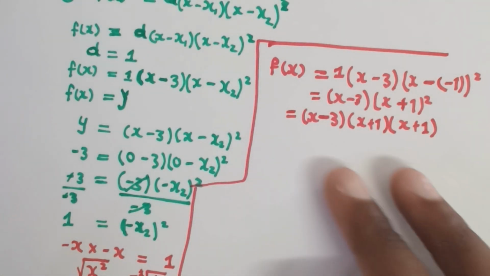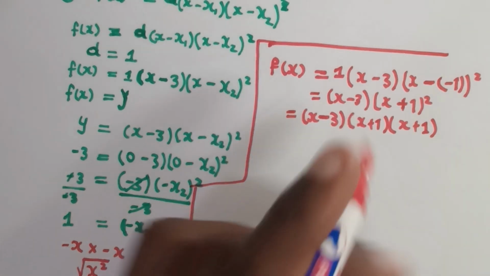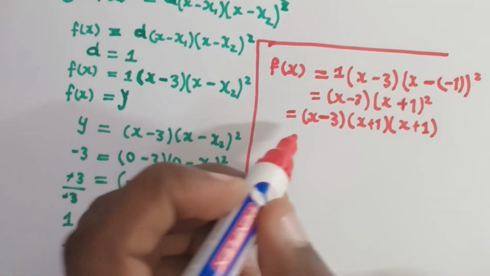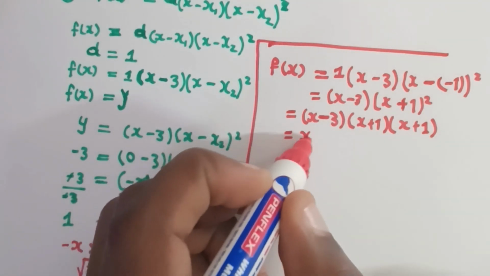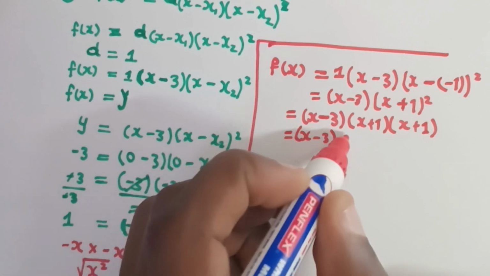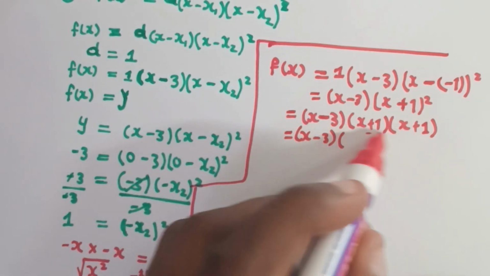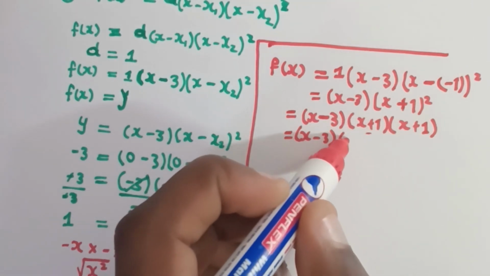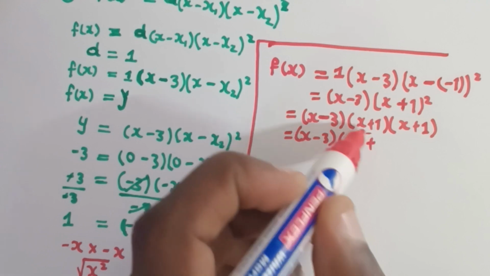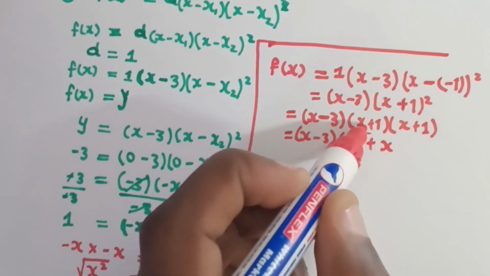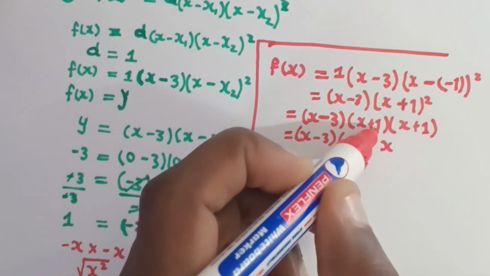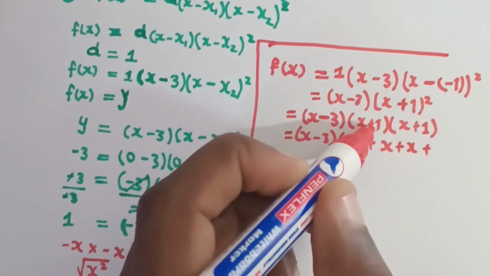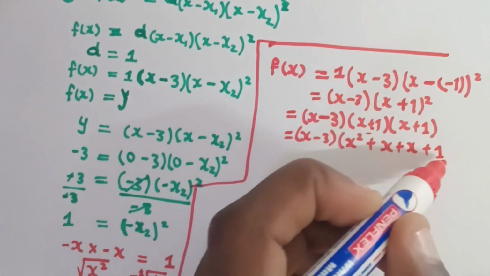Let's try to multiply the brackets out, and then we say x minus 3, and let's start by multiplying this one out. We say x times x, we get x squared, and then 1 times x, we get another x, and then 1 times 1, we get a +1.